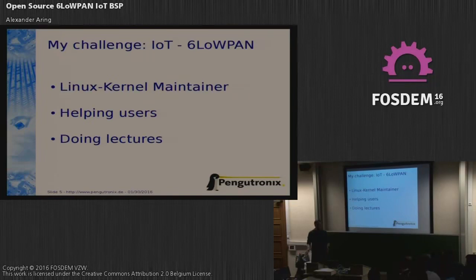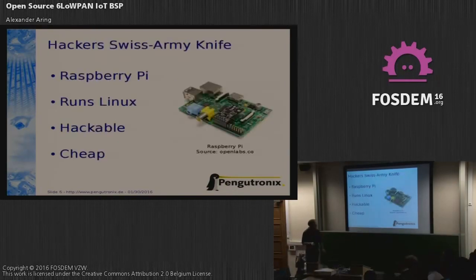A lot of people have this issue that they can't change some attributes in the interface because the interface needs to be down, and the daemon brings it up when you want to bring it down. That's some feature of Raspbian. I also do a lot of lectures like this one here, and yes, I also talk about the Raspberry Pi.